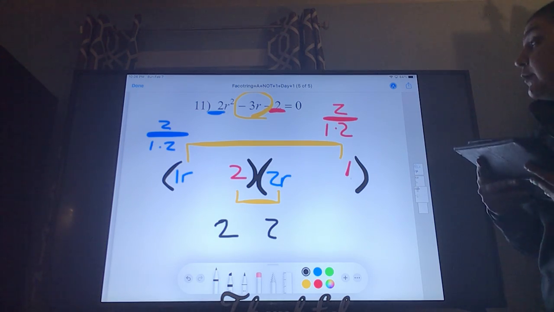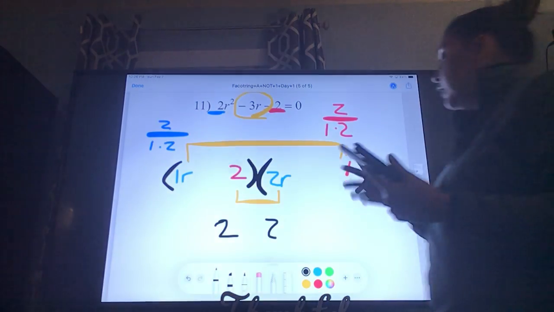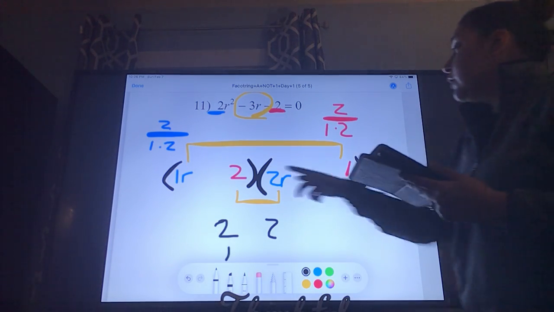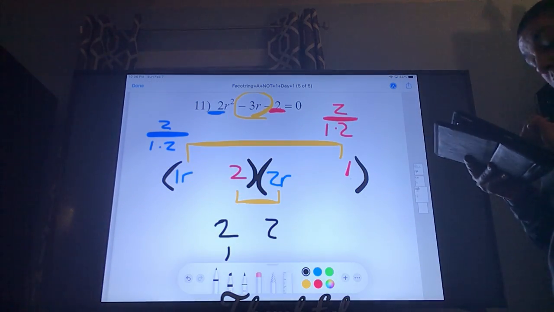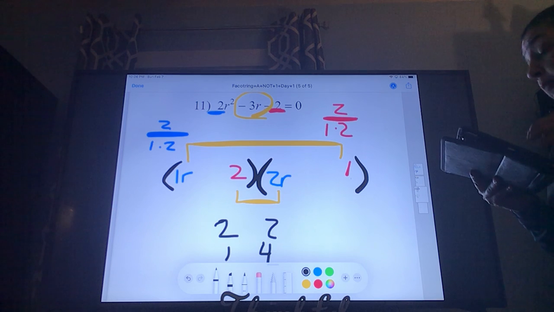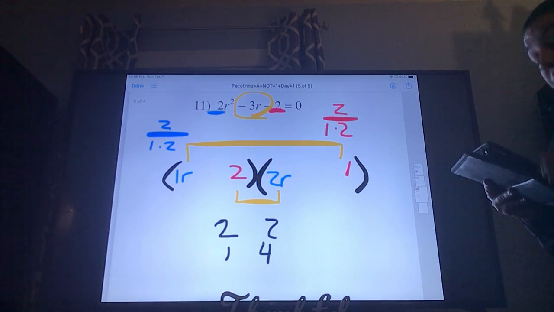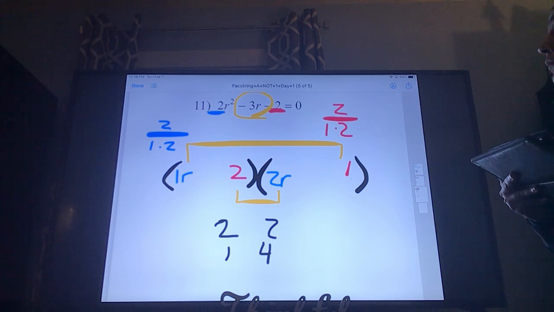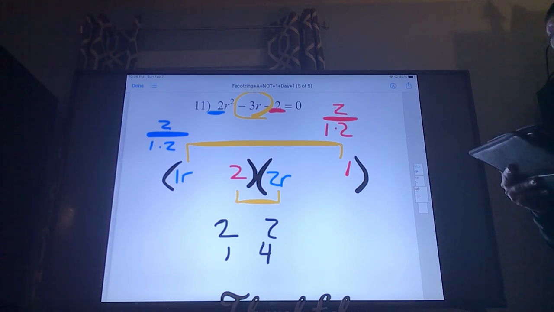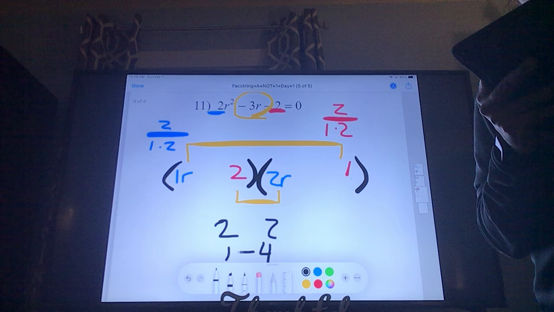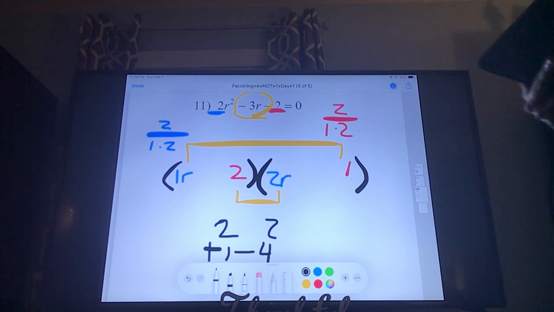Okay, we check the outers and inners. 1 times 1 is 1. 2 times 2 is 4. Would a 4 and a 1 ever give me a 3? A negative 3? How could I get a negative 3? We'd have to say minus 4 and a plus 1.